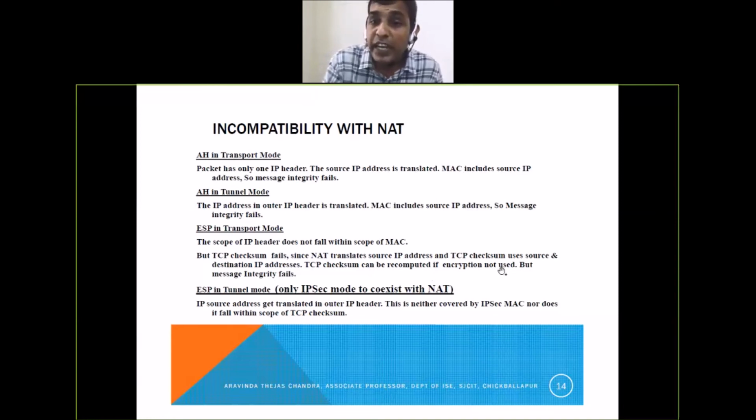The TCP checksum can't be recomputed because it is in the TCP header, which is encrypted. So you can't go for message integrity. That means ESP in transport mode also fails in IPsec if you are using network address translation.